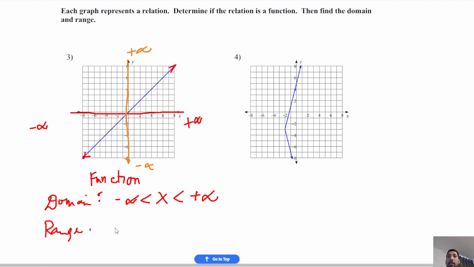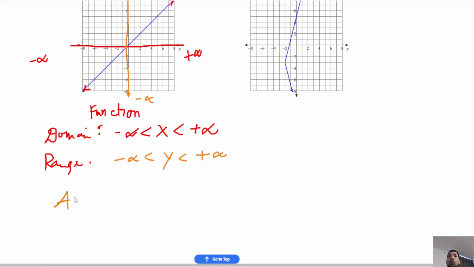So the range would be -infinity to +infinity as well. Now we can also write these as all real numbers if we don't want to show using the inequality symbol. So all real numbers mean the same thing as this.